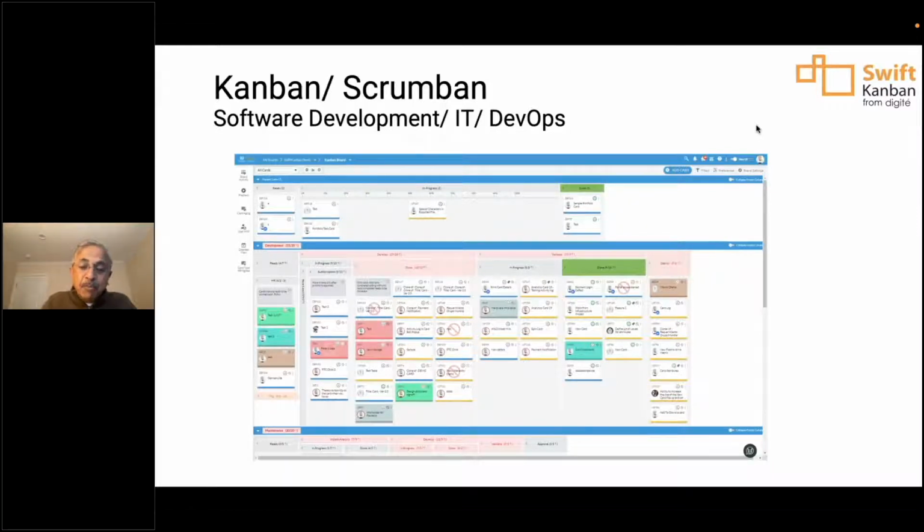We also have a number of users, probably 30% of our user base, outside of software and IT, and that's for marketing, product design, HR, legal, procurement. There are all kinds of use cases besides personal Kanban as well. So we have a really wide range of usage of Kanban in both agile contexts as well as in other contexts.